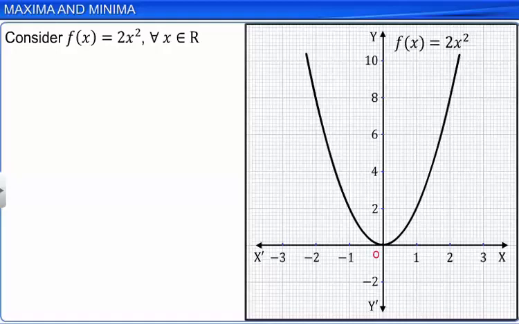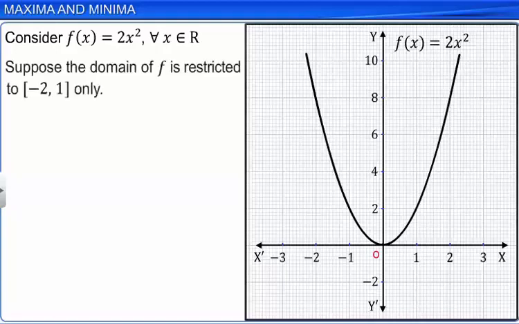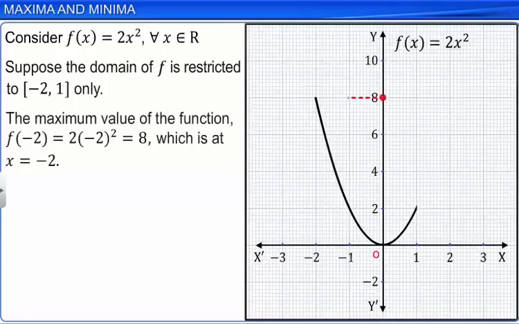Let's verify this. Suppose the domain of function f is restricted to closed interval -2, 1. Then, the maximum value of the function is 8, which is at x is equal to -2.